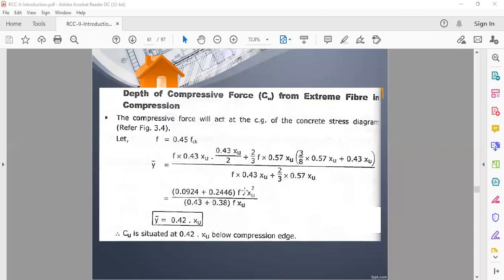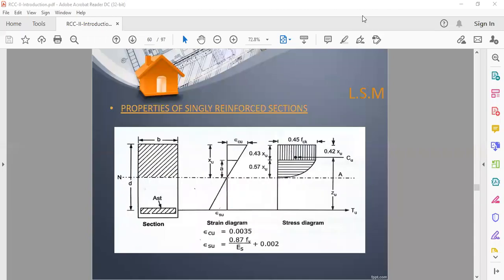And Z, the lever arm between Tu and Cu, is D minus 0.42 XU.